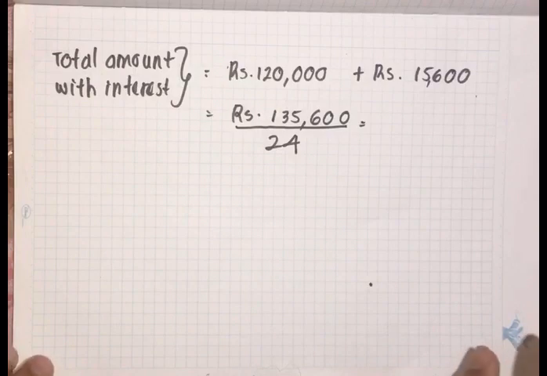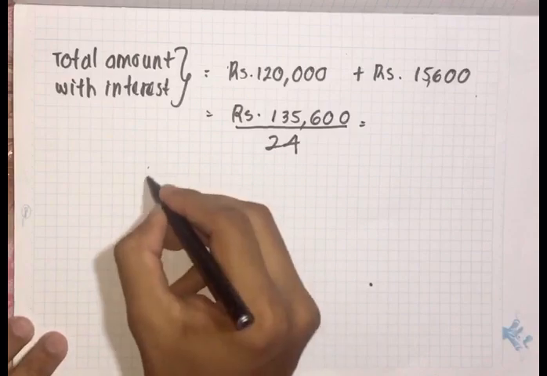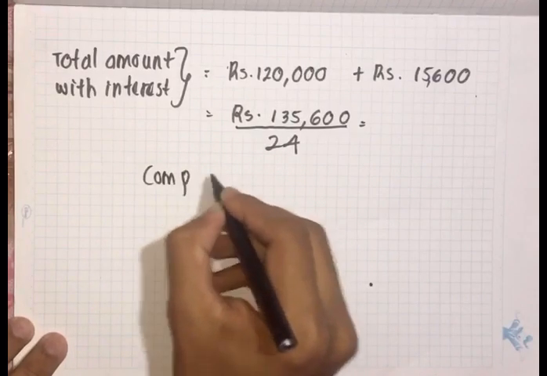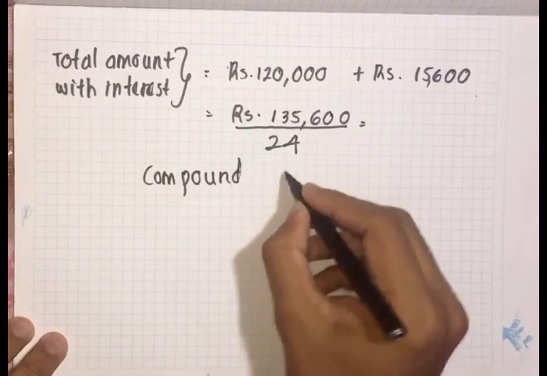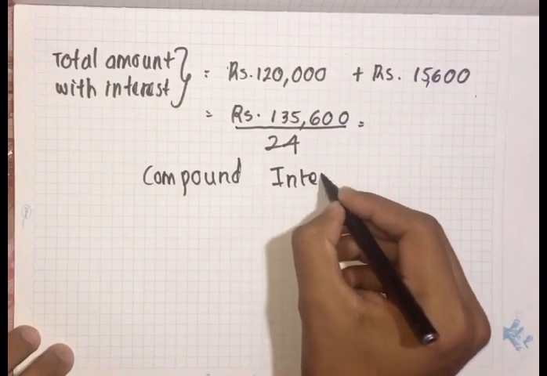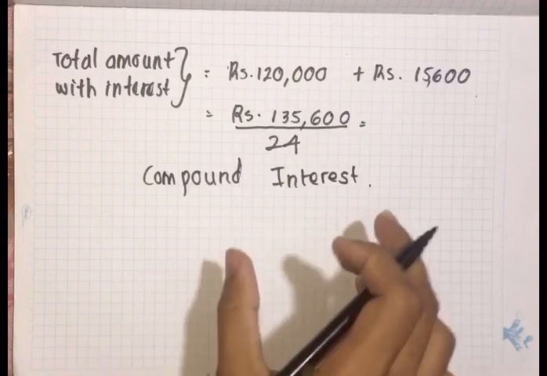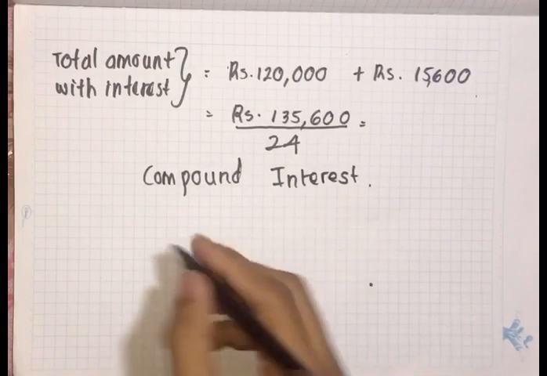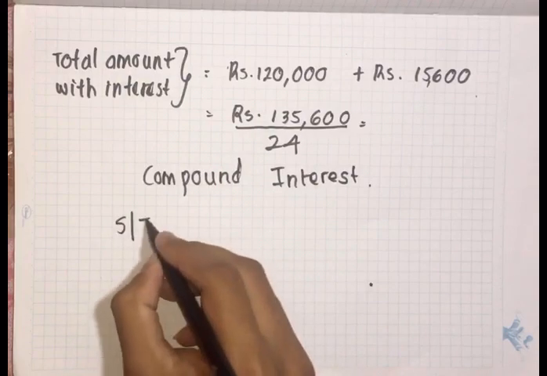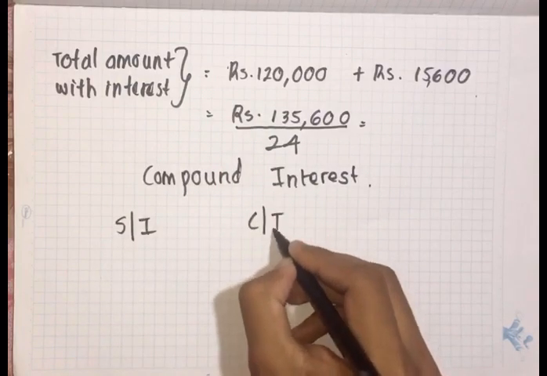And the other part of this question is about compound interest. All this time, until grade 10, you had solved questions based on interest, but it was simple interest. There is a difference between simple interest and compound interest.